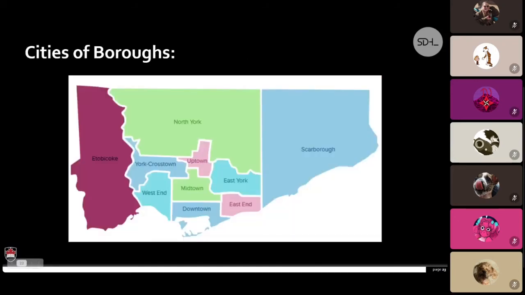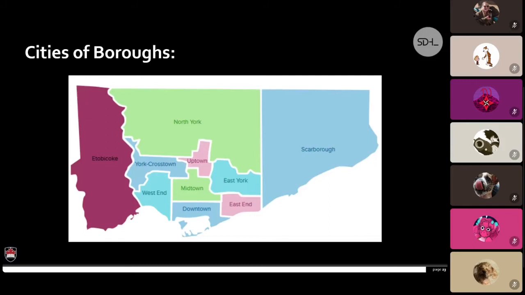The other thing is that the city of Toronto is more like a collection of cities. In the early 90s, I don't remember the exact year, the city of Toronto was amalgamated with neighboring municipalities. The collection of boroughs that you see in the center, so downtown, midtown, east end, west end, were all part of the original city of Toronto.